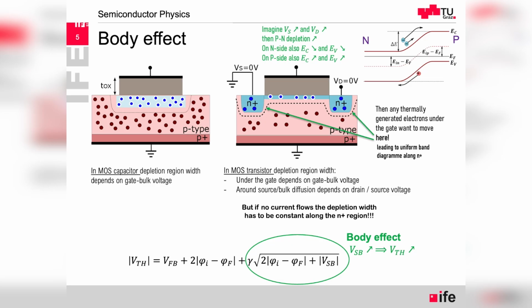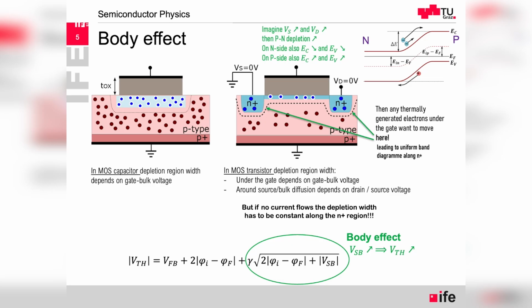Imagine that we have fixed body and fixed gate voltages, and then we start increasing the source and drain voltages. What happens is that the drain and source diodes become more reverse biased, and the depletion region width is increasing.